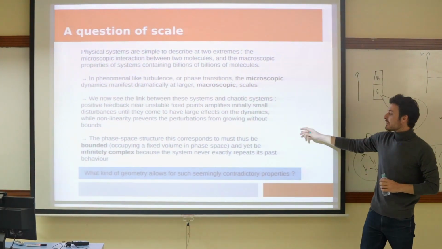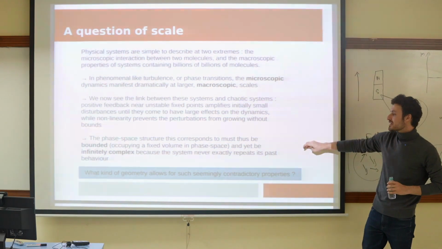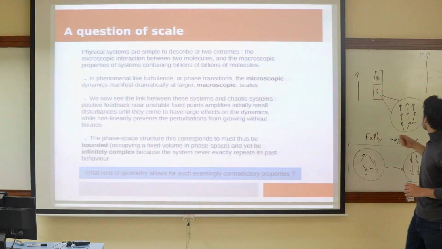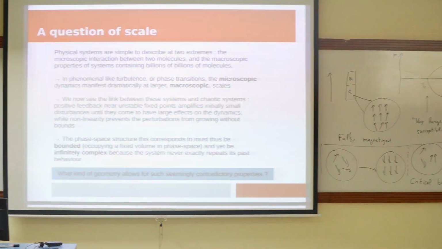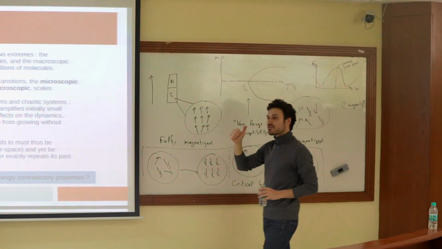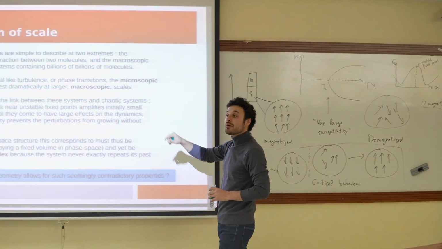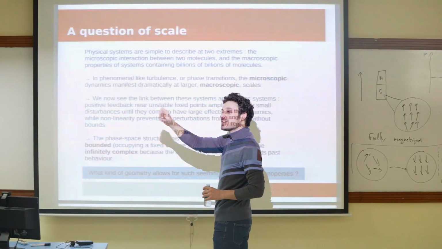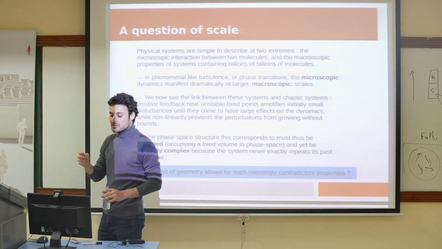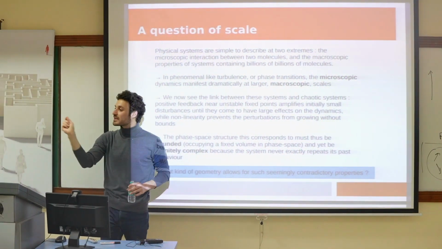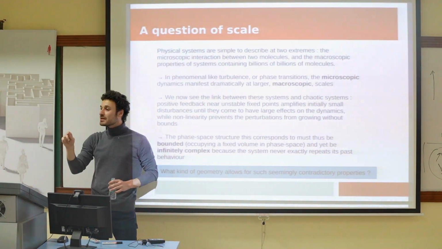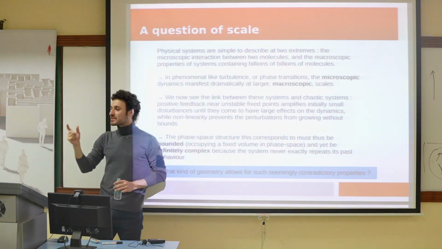So the take home here, right, is that the phase space structure of such a system has to both have boundedness, because your oscillator is never going to be kilometers away from its equilibrium position, but it also has to be infinitely complex, right?